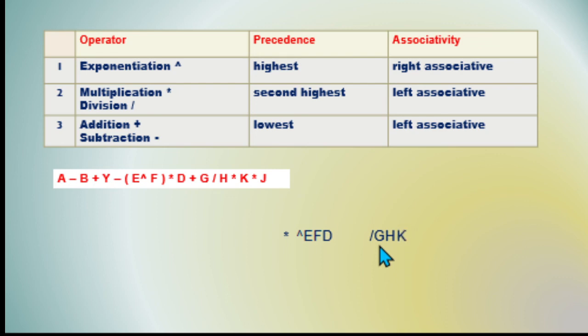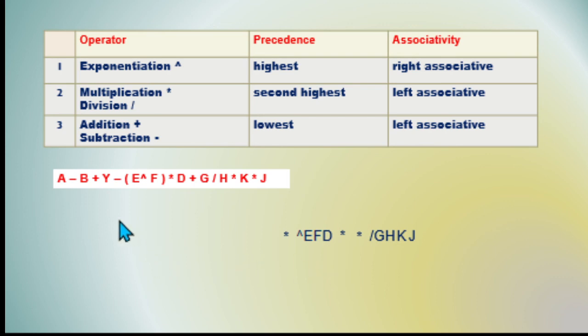So it's equivalent now to * / G H K. Okay, and then the last multiplication operator is this one. We multiply this operand now into this one, and convert it into prefix. So it's equivalent now to * * / G H K J. This is considered as one operand.